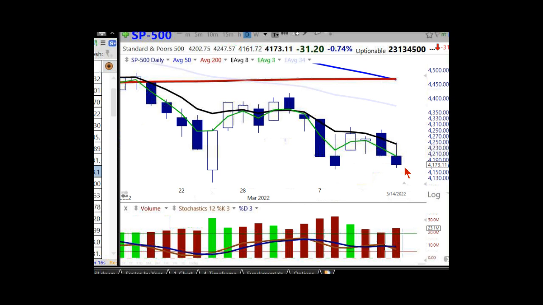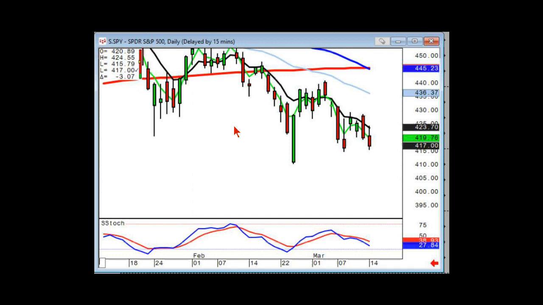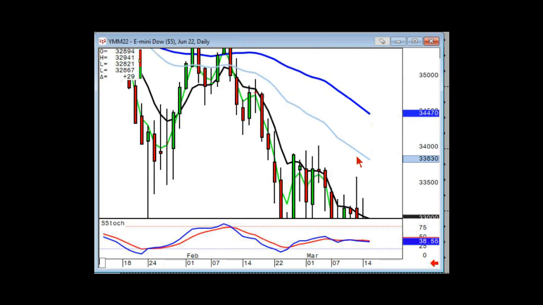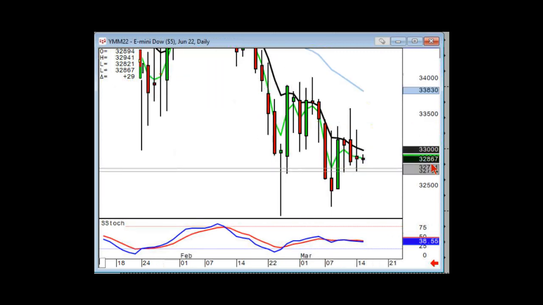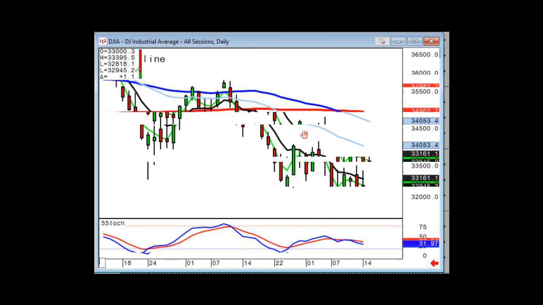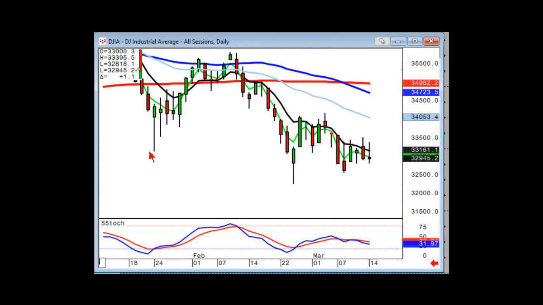So yes, and you probably could still be adding to this if it opens lower tomorrow. I don't know right now where I think everything's just kind of trading flat. If the Dow's up a little bit, but you can see what's happening on the futures, which also kind of illustrates the Dow still in this downtrend.